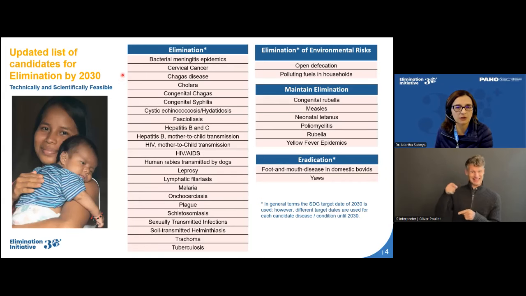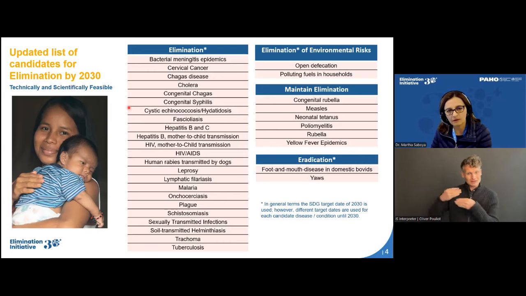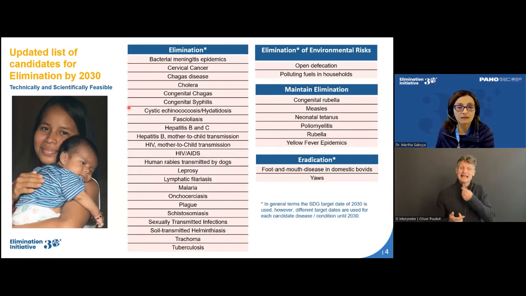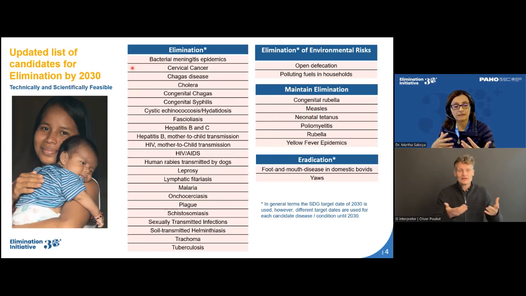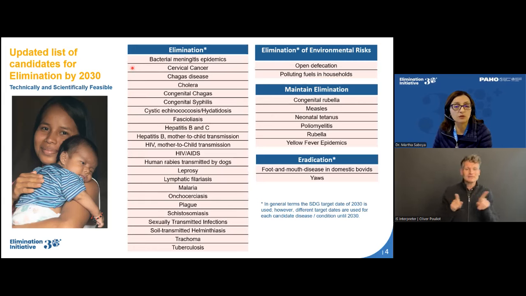We have a combination here of neglected tropical diseases, vaccine preventable diseases, and sexually transmitted infections. We have tuberculosis, for example, or also cervical cancer. So we have a variety of diseases in this first group in which we know this region can accelerate the efforts to achieve the elimination targets.